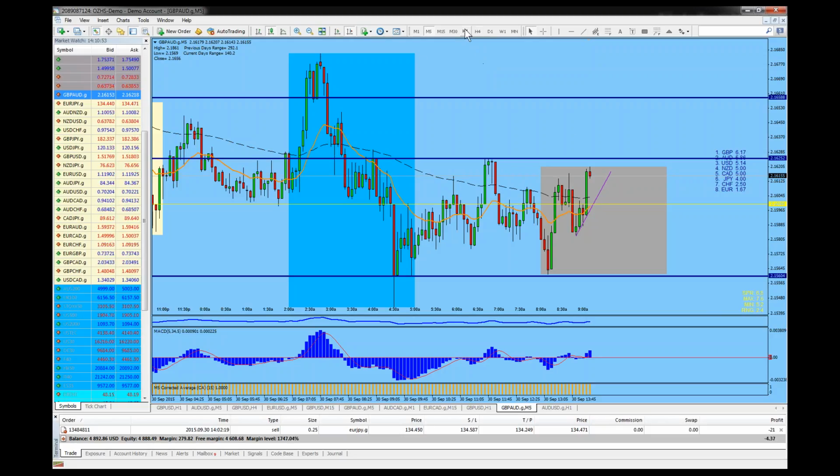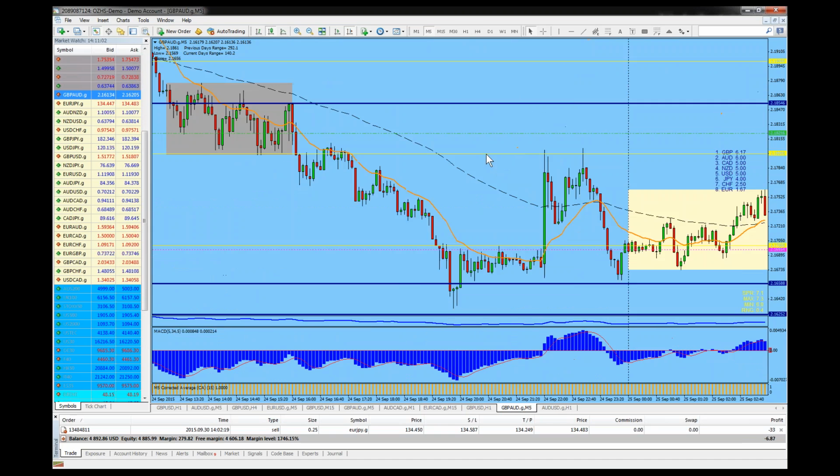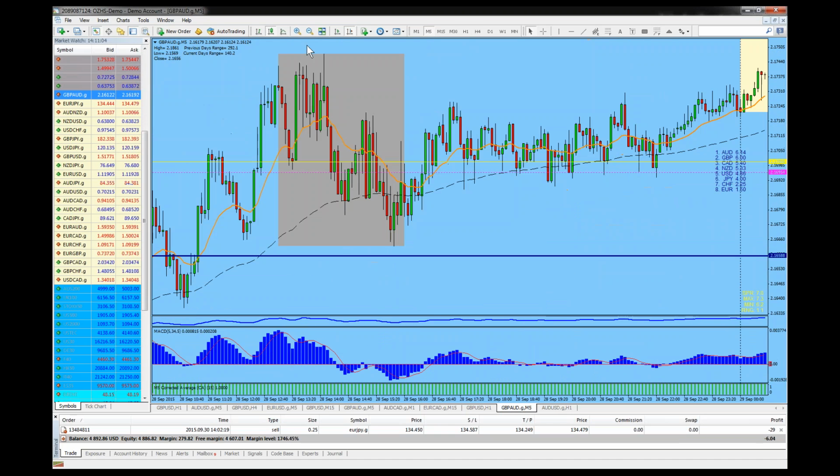Let me go out to pound Aussie 1 hour. Oh, that's the big range. That's this range here. All right. So we'll see if we get a bounce off the pound Aussie short then and play that range.